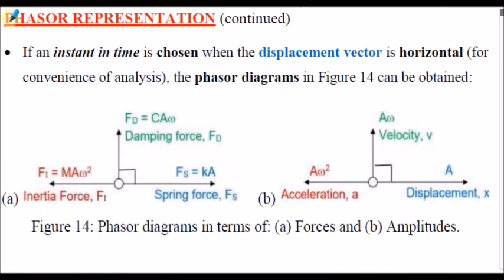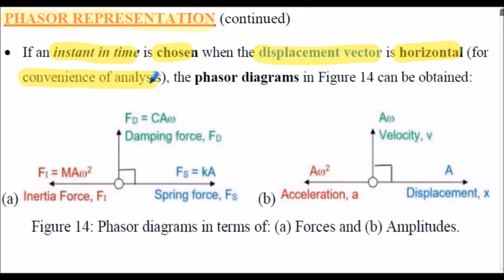So, phasor representation continued. If we consider an instant in time that's chosen when the displacement vector is horizontal, and that's purely for convenience of analysis, the phasor diagrams shown in figure 14 can be obtained.